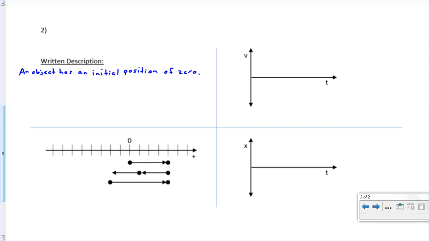Then we need to see where it's going and how fast. So it jumps up there to 4. So it's going to travel with a velocity of 4 meters per second for 1 second.